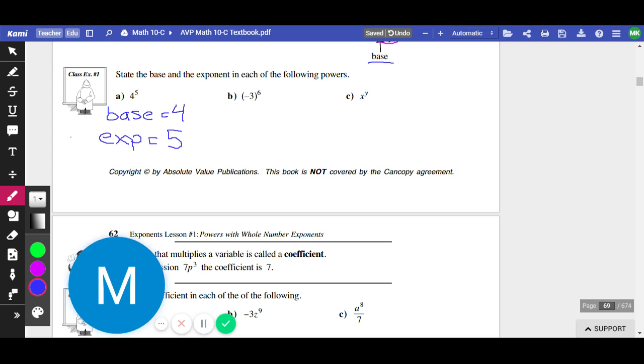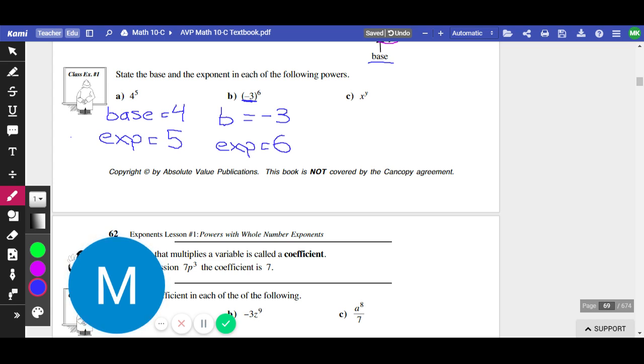When you have brackets in your power, that means everything inside the brackets is the base. So for this one, the base is -3. If there weren't brackets, then the base would have just been 3, and the negative wouldn't have been a part of it. The exponent on this guy is 6.